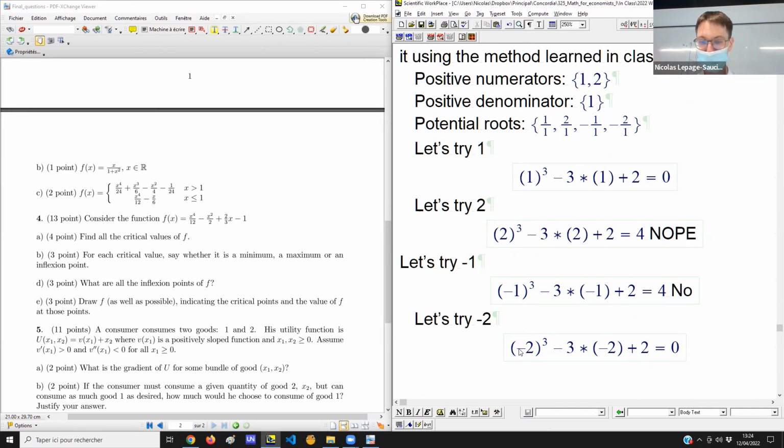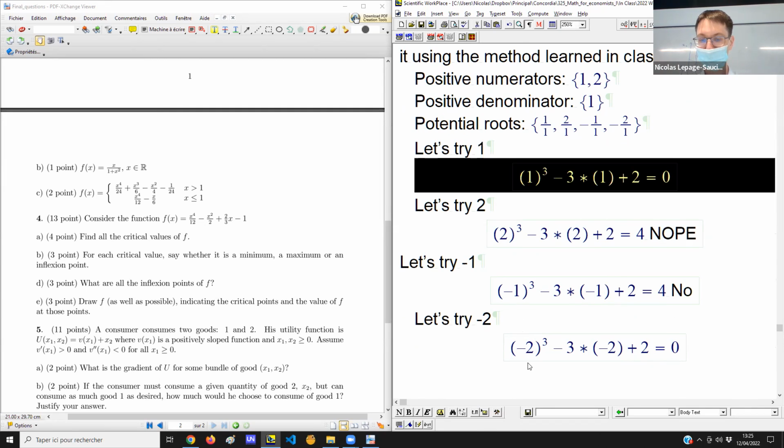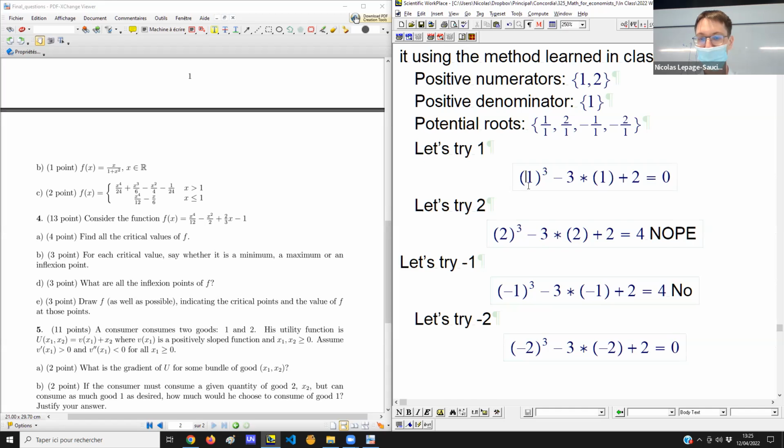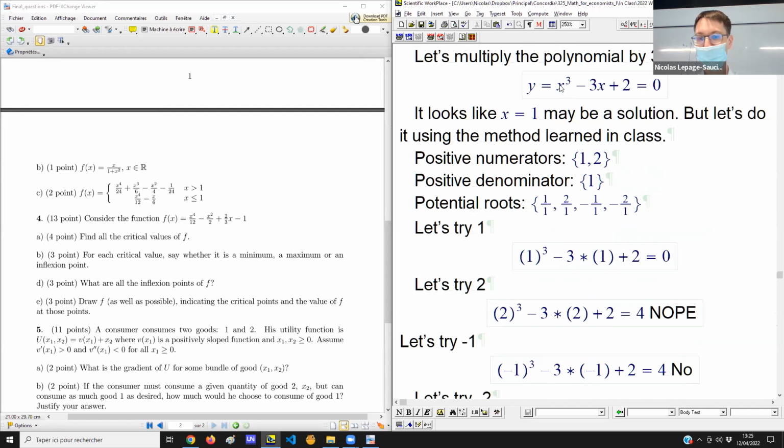Okay. So doesn't that feel strange? I have 2 roots, -2 and 1, but I have a degree 3 polynomial. That's the kind of thing.